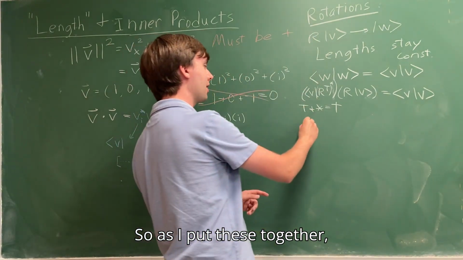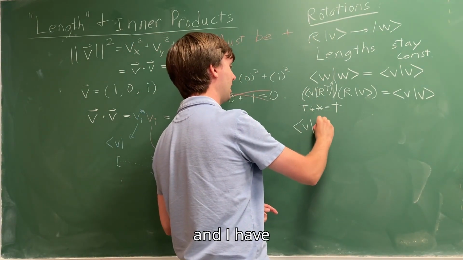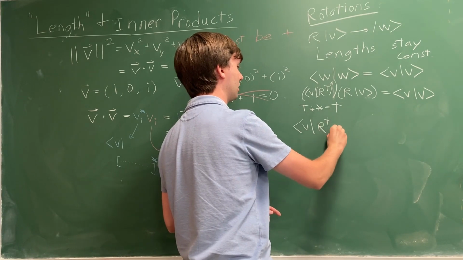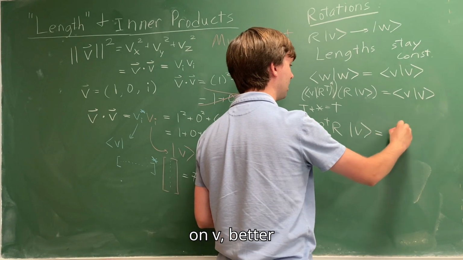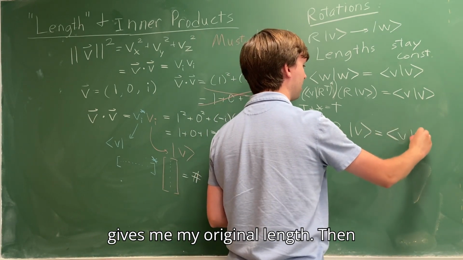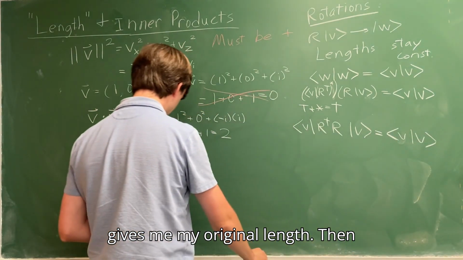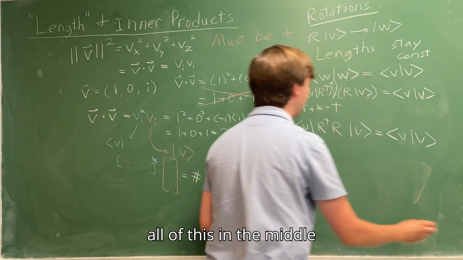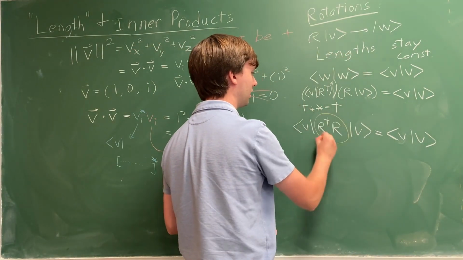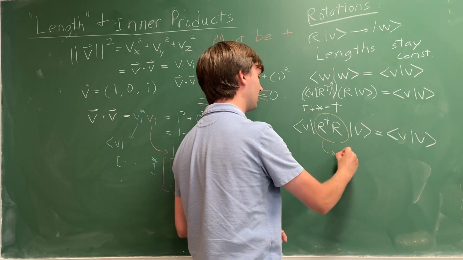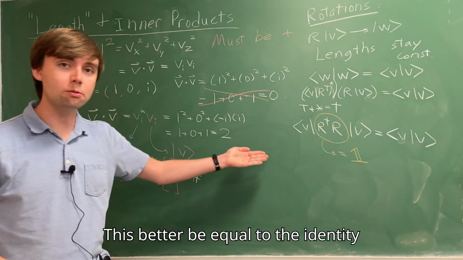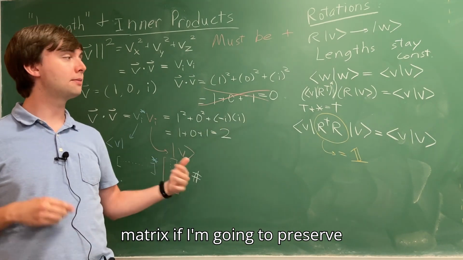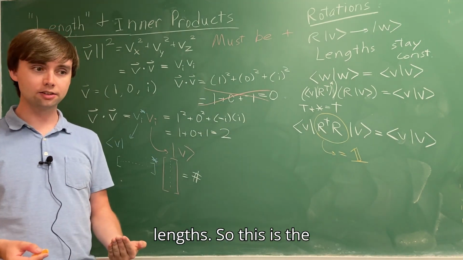So as I put these together, and I have in the middle r dagger r acting on v, better give me my original length, then all of this in the middle better not do anything. This better be equal to the identity matrix if I am going to preserve lengths.